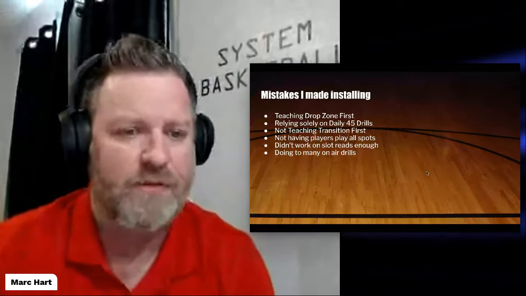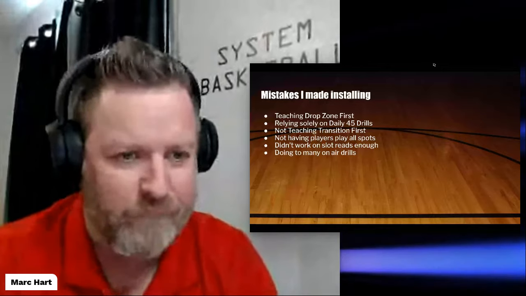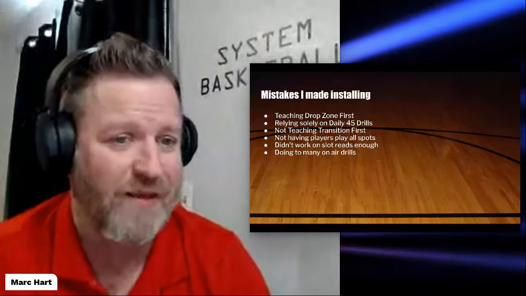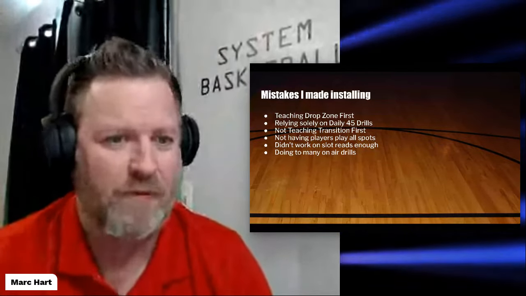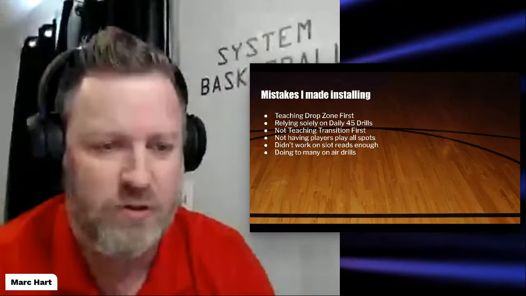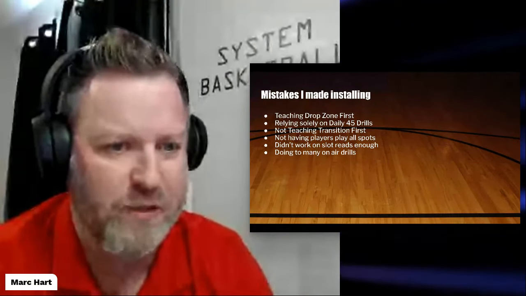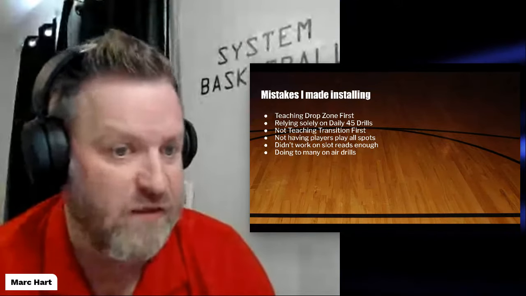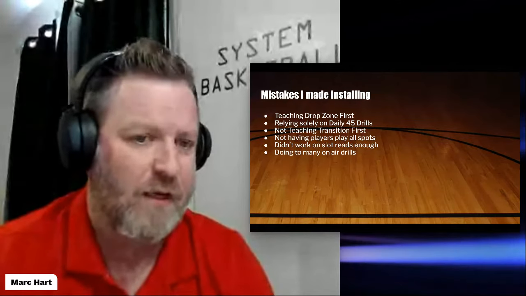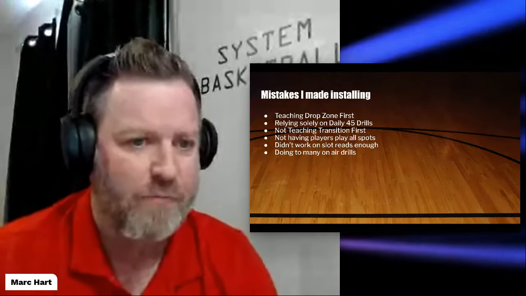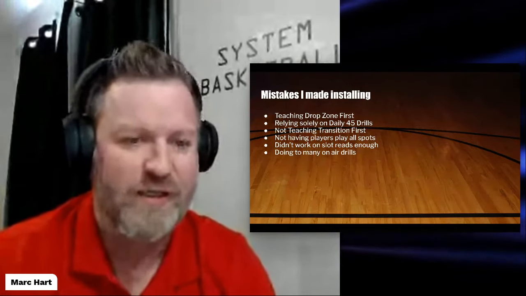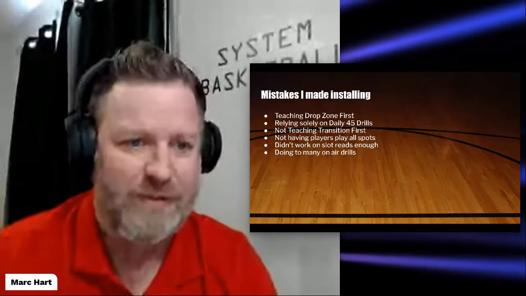And then I did a lot of on-air layup drills, and noticed that my kids could do them. But then when the game came, they weren't finishing as well as I wanted. So we were doing too many 3-on-0s, 2-on-0s. There was no decision, and there was no defense. So finishing at the rim was easy in practice. The drills help with that, but the layup packages with the daily 45s that I was doing solely didn't have that component.